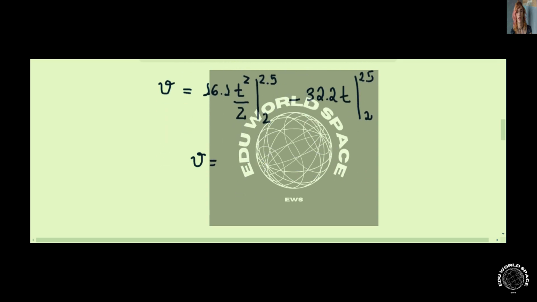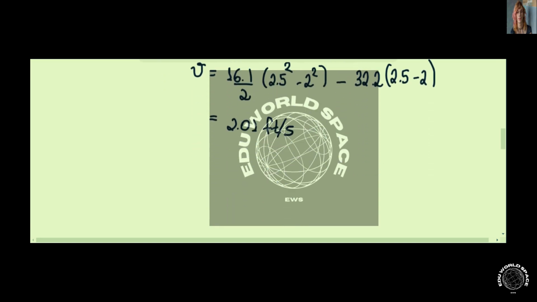So v is equal to 16.1 divided by 2 times 2.5 squared minus 2 squared, minus 32.2 times 2.5 minus 2, and this is equal to 2.01 feet per second. So this is the speed of the block after a time of 2.5 seconds, which concludes our exercise.